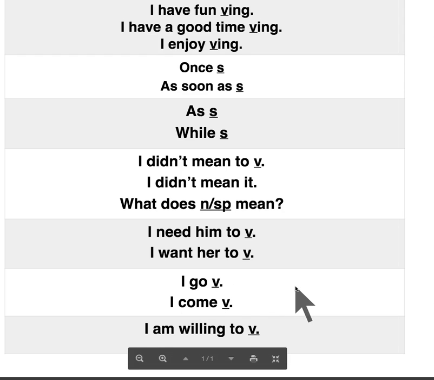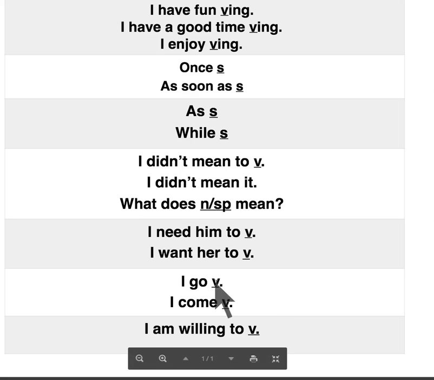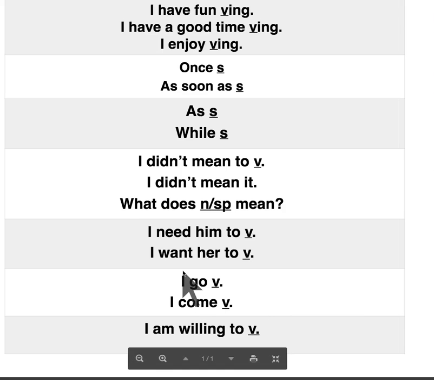He go talk to her a lot just does not sound good. He goes to talk to her a lot is fine. Why that is, I have no idea, but you can say I go to talk to her a lot, I go talk to her a lot, it's the same. But third person singular doesn't work. Past tense doesn't work. So once again, in the video, in the introduction to the patterns, you'll find that.